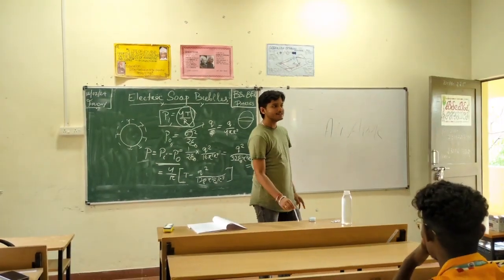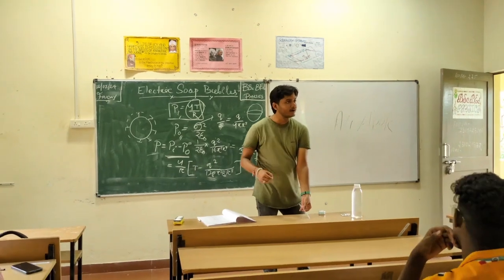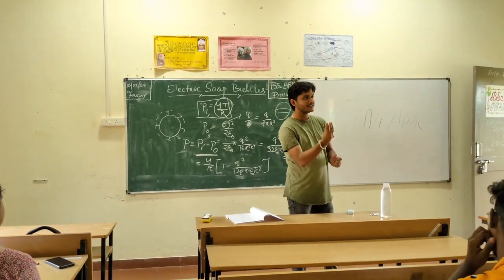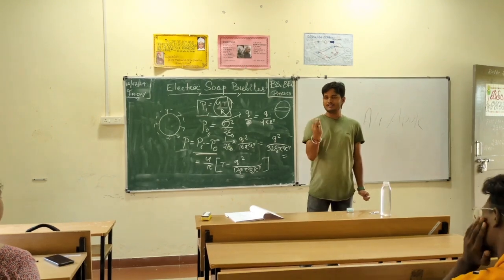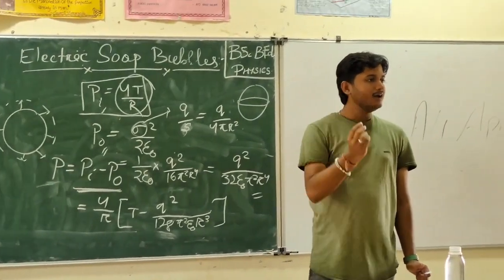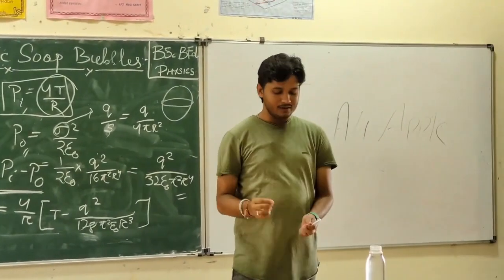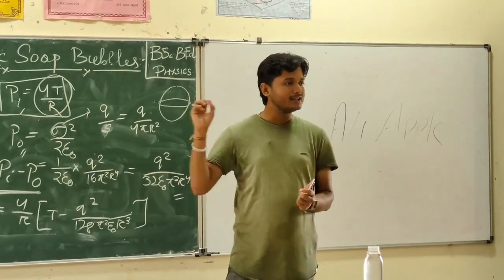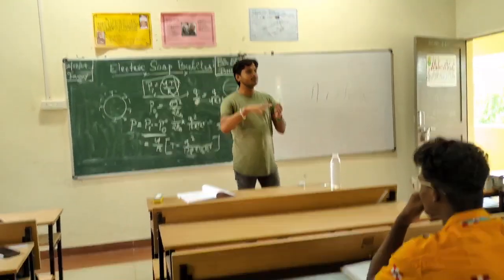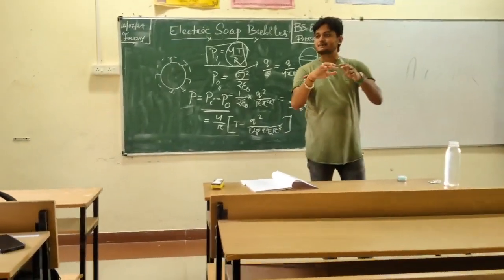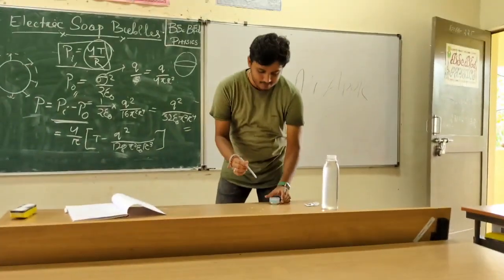When we apply pressure exerted outward, the bubble shrinks, decreases, so the radius will be small. But when we insert an electric charge inside a soap bubble, the radius increases and the bubble expands. That is the purpose.